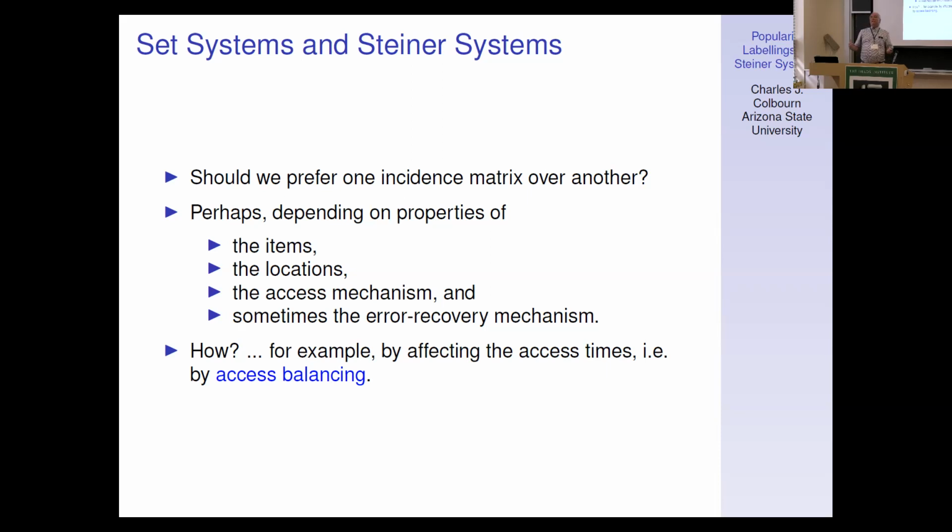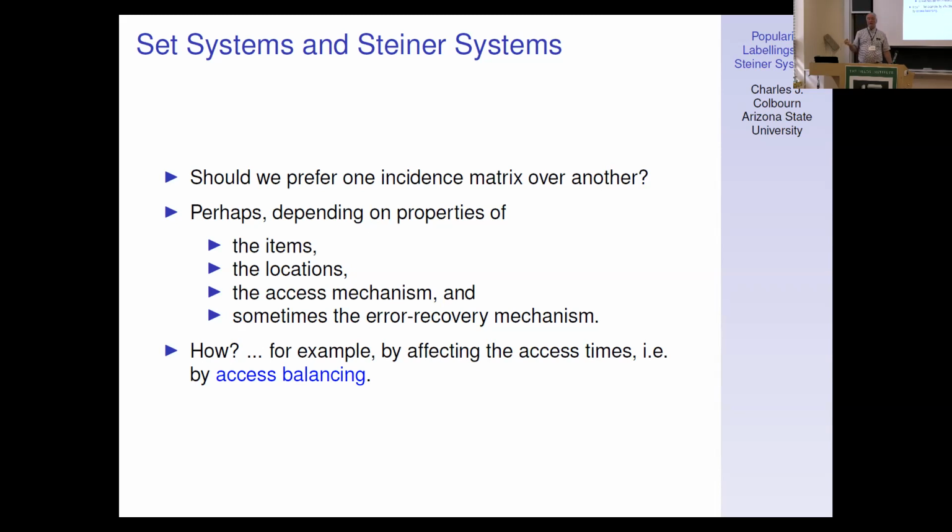It could be that different storage locations have different access mechanisms. I may prefer to have certain data items on certain storage locations. And sometimes I may need to recover from errors that arise, so I may need to ensure that I can do error recovery as well.